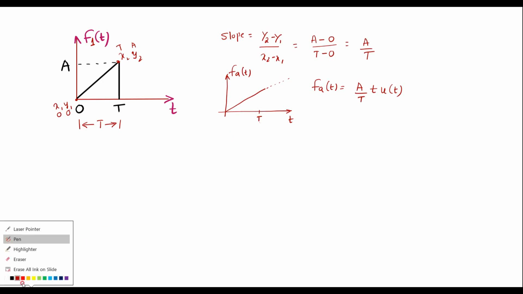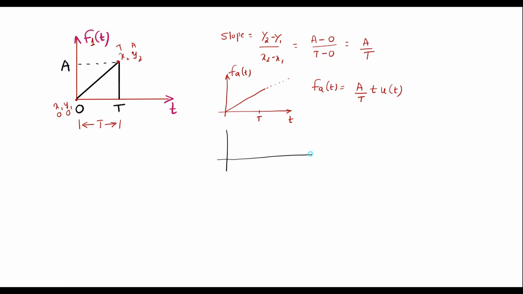Let me take one more ramp signal, which I will call fb of t.